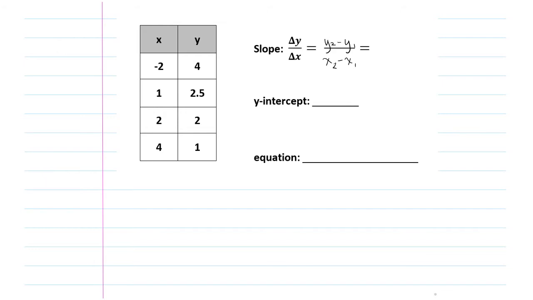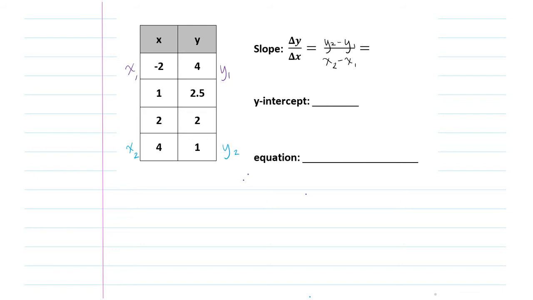I'm going to pick integers, since I've got a decimal here and I've got choices. I'm going to pick this as my x1 and its partner as my y1, and then for my other ordered pair, let's pick the last one, this will be my x2 and this will be my y2.